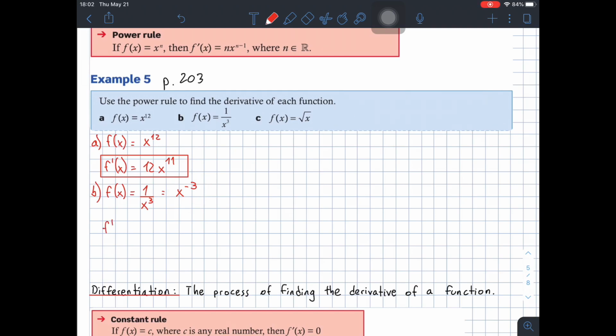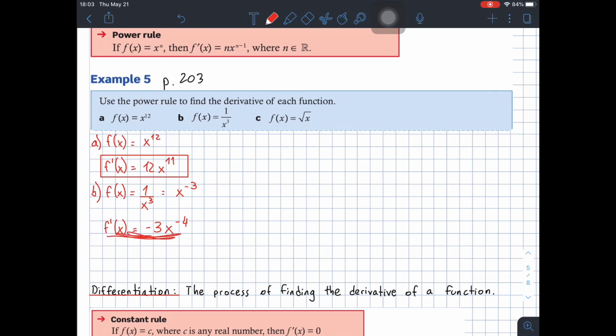So to find f prime of x, now that it is written in the proper way, f prime of x would be equal to, same rule. We take down this exponent, so it's -3 times x, and then this would be -3 minus 1, and it is -4, okay? Do not make the common mistake of writing -2 here, because -3 minus 1 is actually -4, not -2, okay?